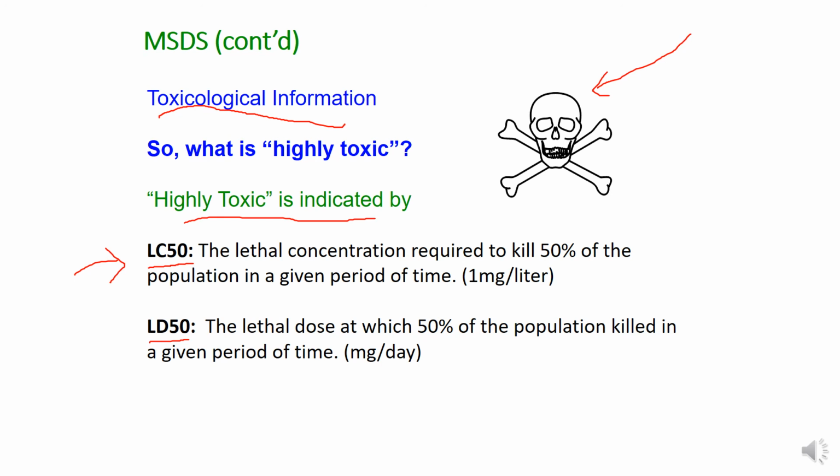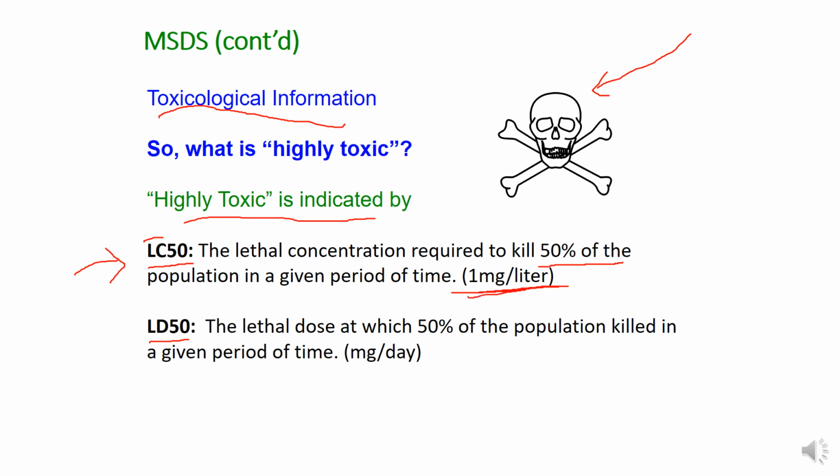So LC50 is the lethal concentration. LC, lethal concentration, is the concentration required to kill 50% of the population in a given period of time, for example when the concentration is 1 milligram per liter.